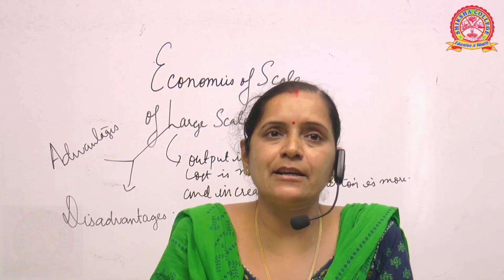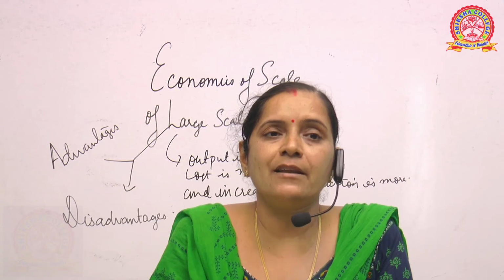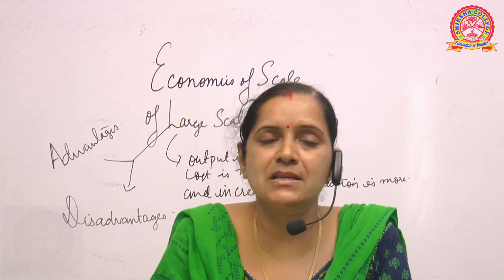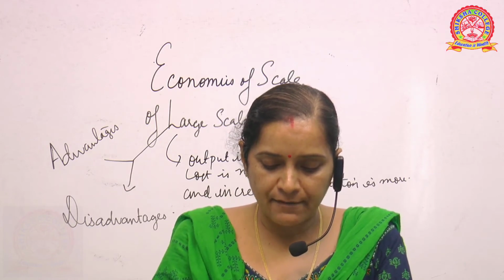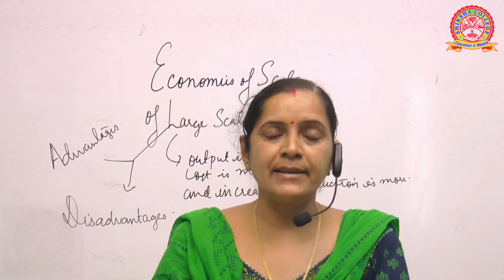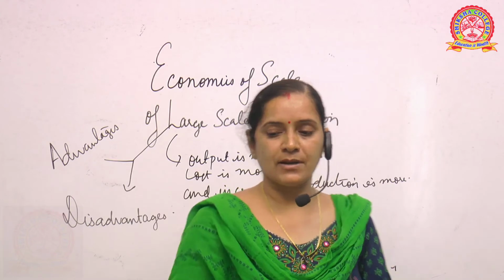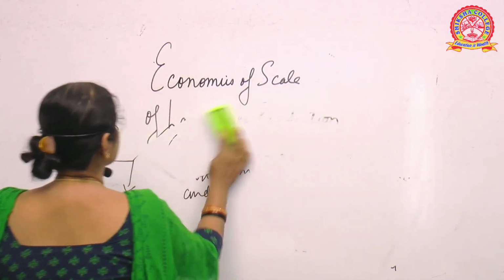This we call economies of scale. Now economies of scale of large scale production has many advantages and some disadvantages also. The advantages are called economies of large scale production. So let us first discuss the advantages today. What could be the advantages?